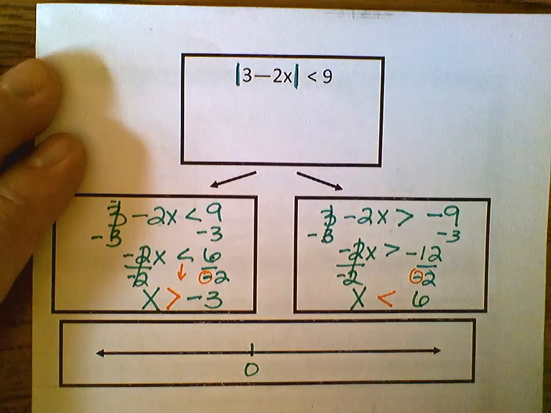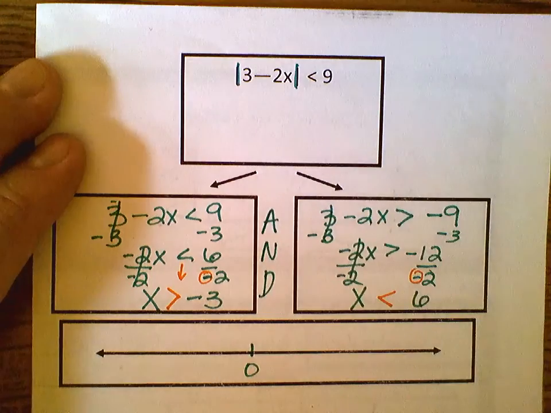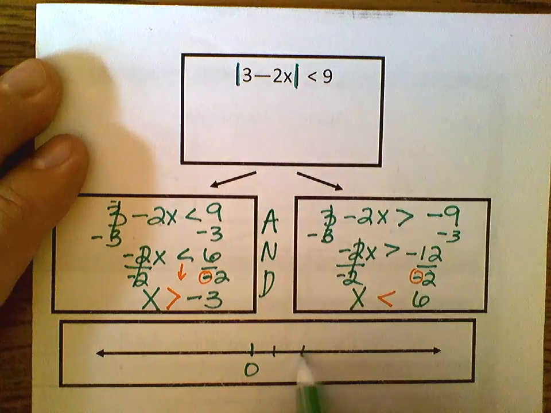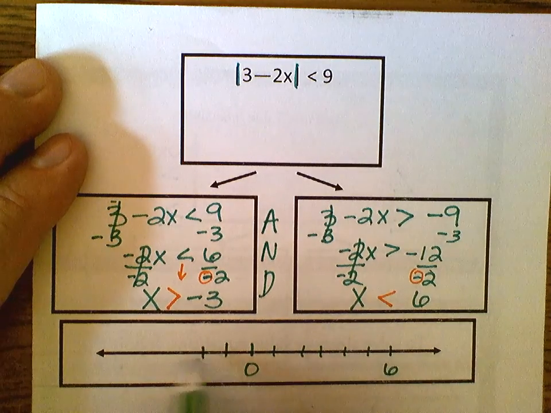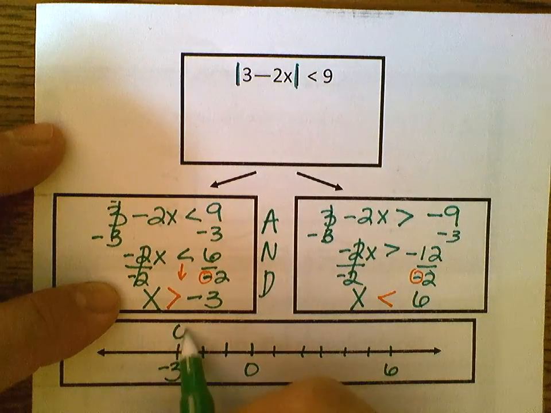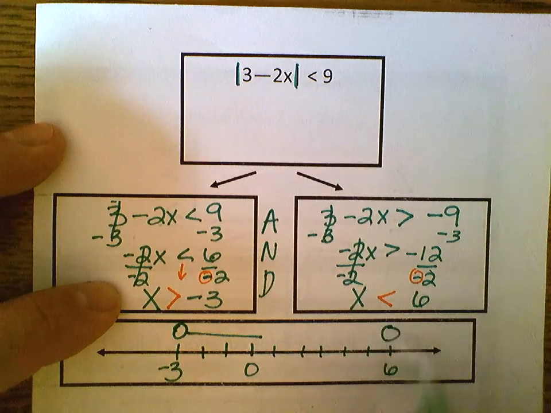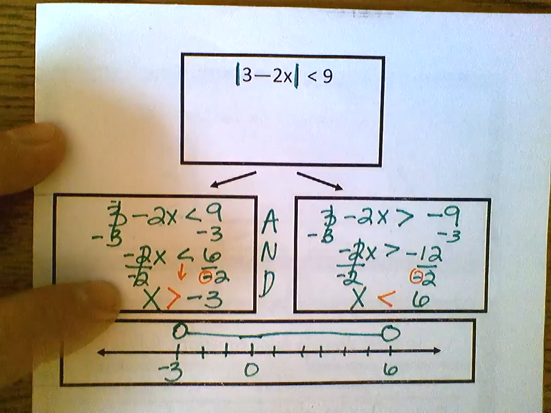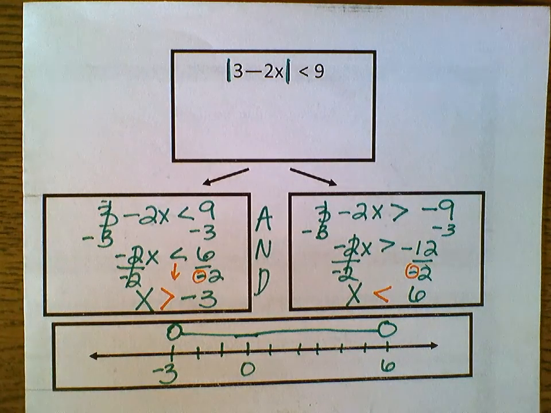So to graph, it's less than, which tells me it's going to be an and inequality. 1, 2, 3, 4, 5, 6, and -1, -2, -3. So x is greater than -3 is an open circle that way. X is less than 6 is an open circle that way. And now you know how to graph a compound inequality. An absolute value inequality, both.